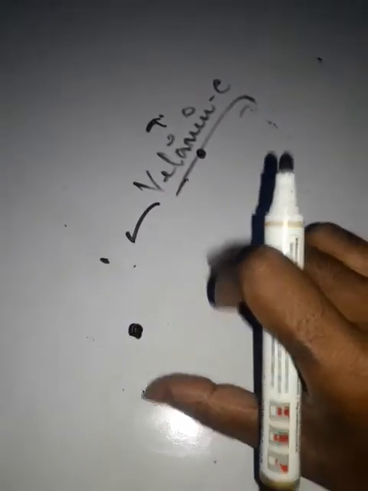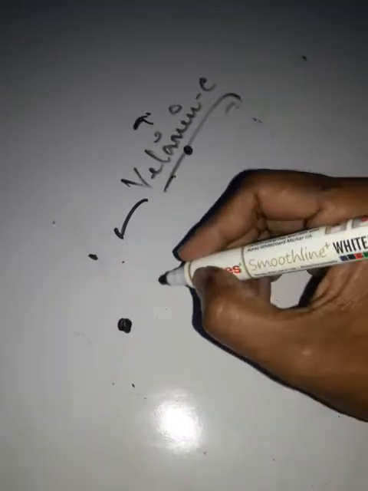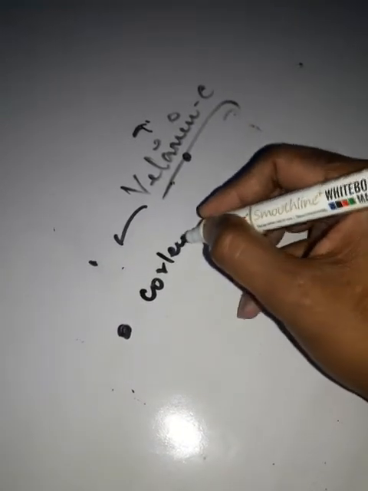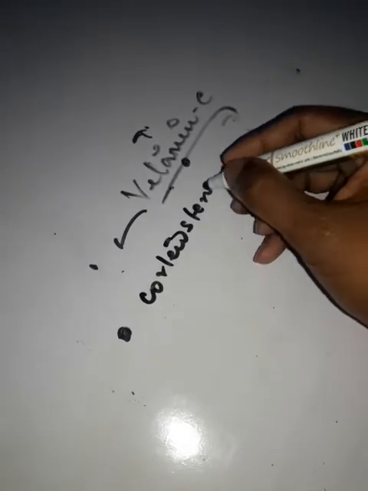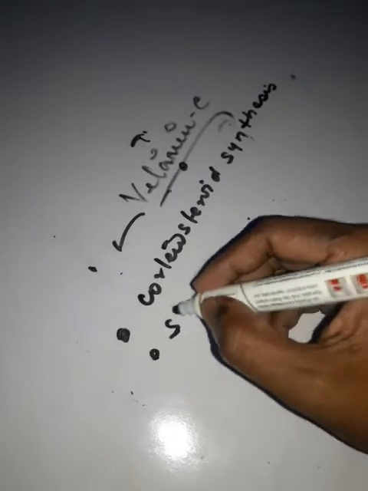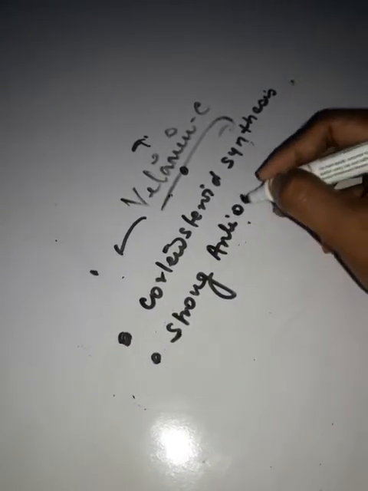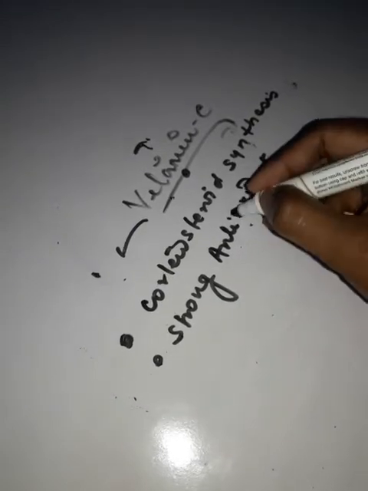Some minor functions of vitamin C also take place, like corticosteroid synthesis. Another is that it is a strong antioxidant.